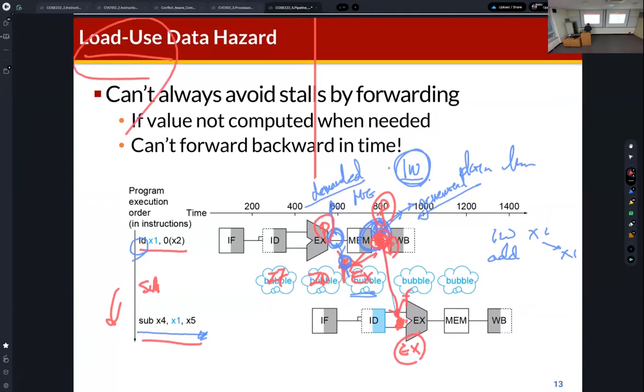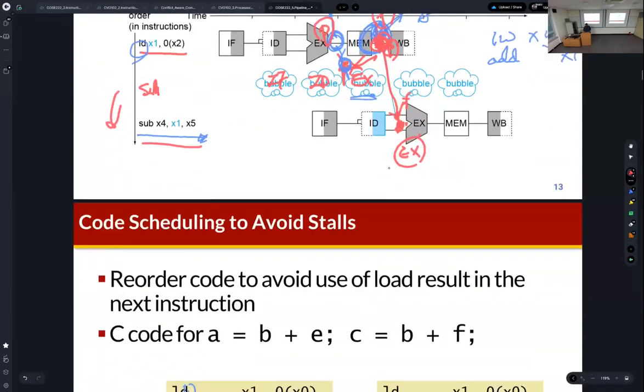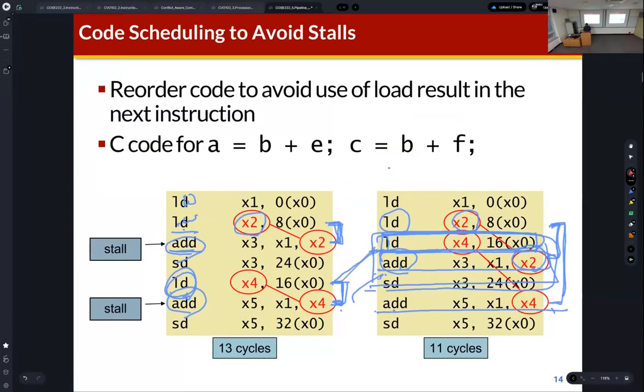Actually, if the former instruction is a load instruction, we cannot avoid the data hazard. I also explained about some optimization technique by compilers. Compilers can change the order of instructions within the basic block.